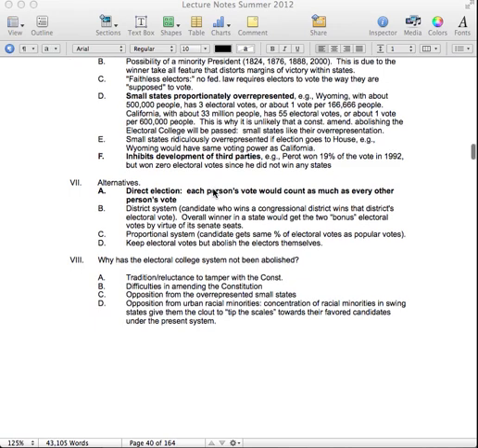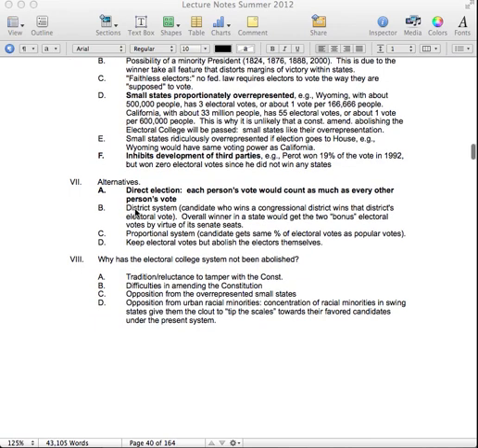What are the alternatives? Think of Nebraska and Maine on these. Direct election: each person's vote would count as much as the other person's vote. So, just do it that way. Or you have a district system. This is Nebraska and Maine. Again, the candidate who wins a congressional district wins the district's electoral vote, and there's an overall winner of the state. So if they win that state by a couple of districts, then they get the 2 Senate votes. That's what this is saying.